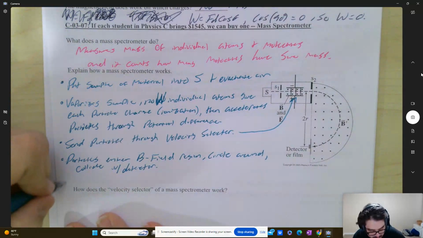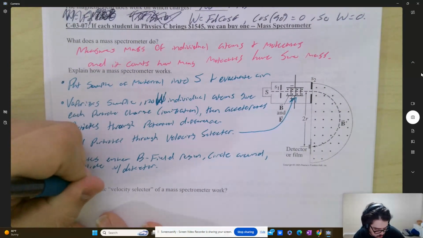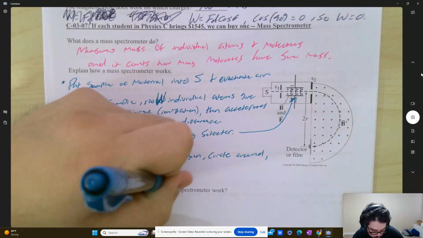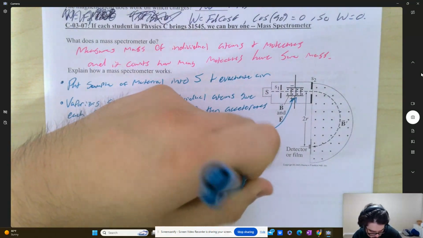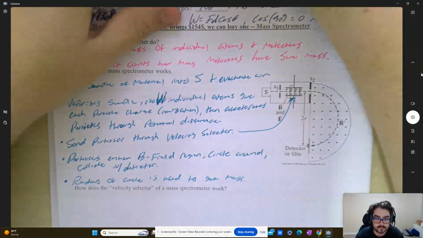Then the radius of the circle is used to get the mass.